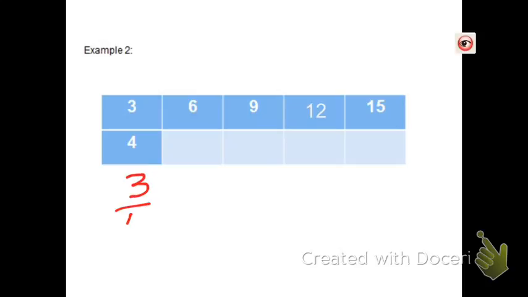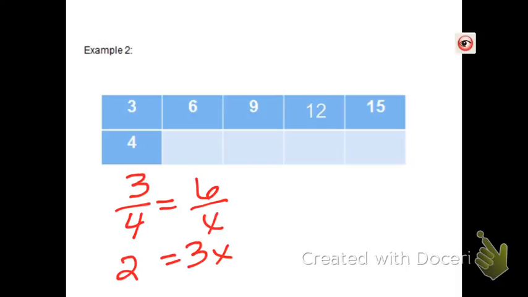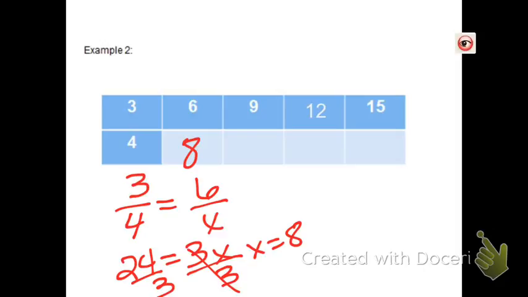So 3/4 equals 6 over X. Cross multiply just like we've been doing. 3X equals 24. Divide both sides by 3 and we get 8. So X equals 8. So we see that it's different. It's a different pattern. That's why you can't just follow the same pattern every time. That's why your best bet is to write a proportion.